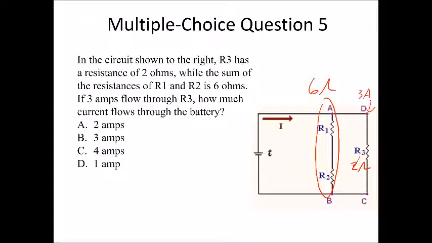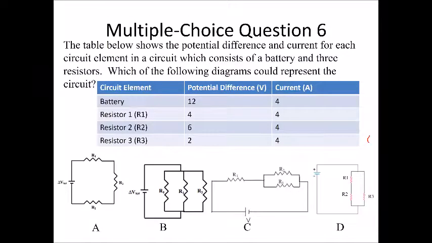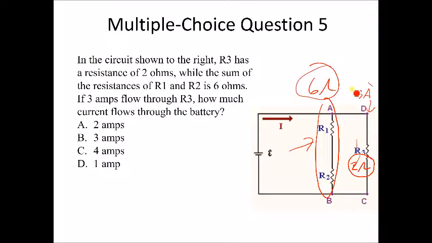Important thing to note is that, first of all, this branch resistance here is 3 times the resistance of this branch, which means that 1/3 as much current is going to go through the R1, R2 branch as goes through the R3 branch. So if 3 amps go through this branch, only 1 amp is going to go through this branch.